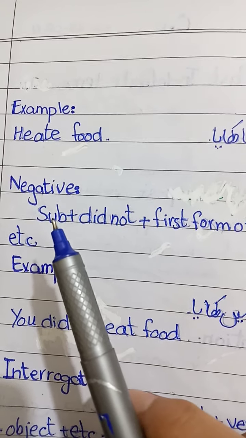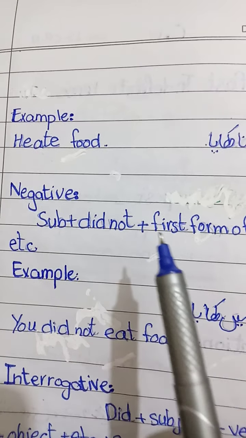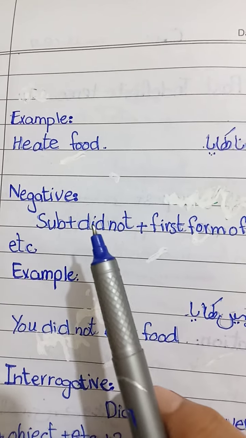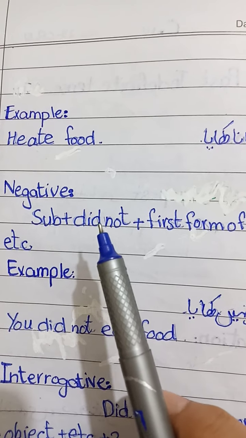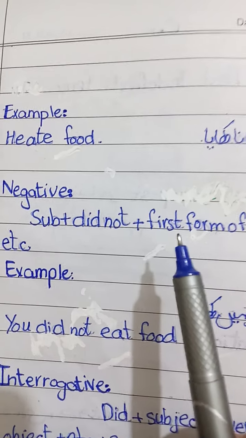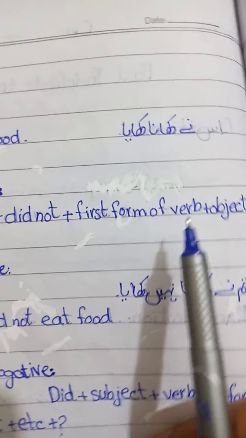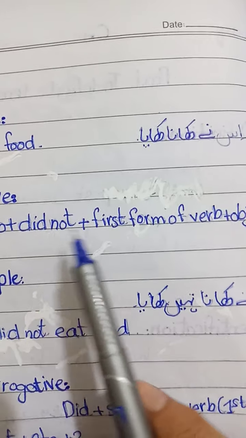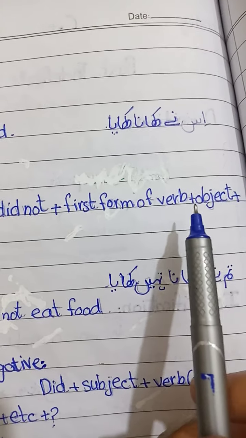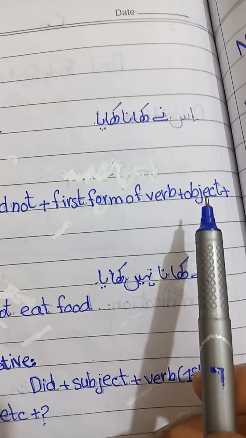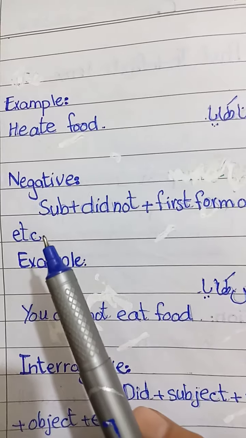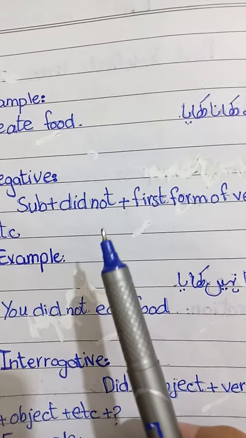So the formation will be subject did not, and because did is the second form of do, we have used the second form of helping verb here. We will use the first form of verb after did not, and after the first form of verb, we will use object and etc., the remaining part of the sentence.